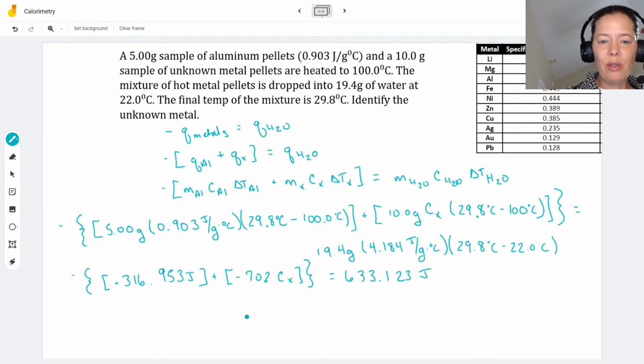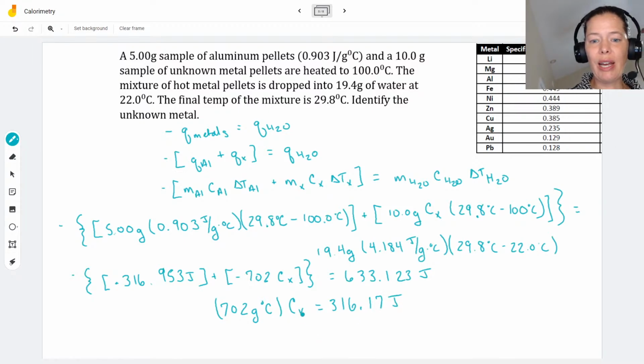So I'm going to do some combining of like terms. So this is going to be 702. Oh, you know what? I'm sorry, I skipped my units over there. That's grams times degrees Celsius times our unknown specific heat. I am moving through the algebra fairly quickly just because I'm running out of space and we've got other problems to do.